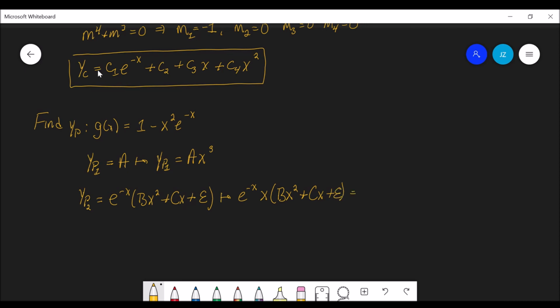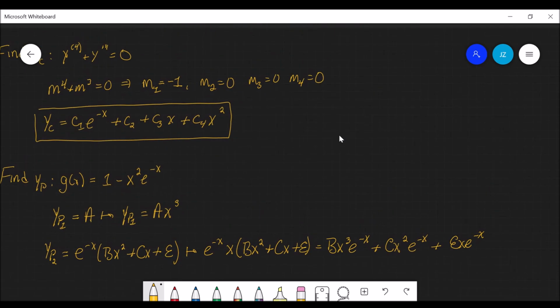And so this is bx cubed e to the negative x plus cx squared e to the negative x plus exe to the negative x. Just as we did before, we'll take each particular solution individually, find the coefficients, and then add them together at the end.